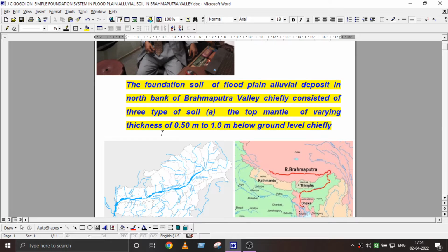The foundation soil of the floodplain alluvial deposit in the north bank of Brahmaputra Valley chiefly consists of three types of soil.